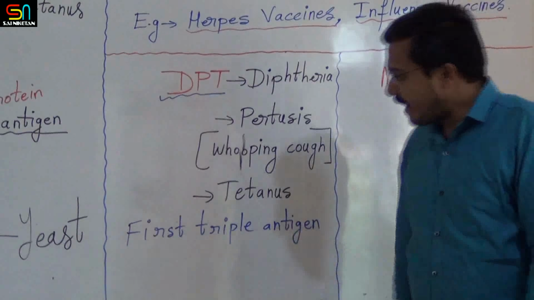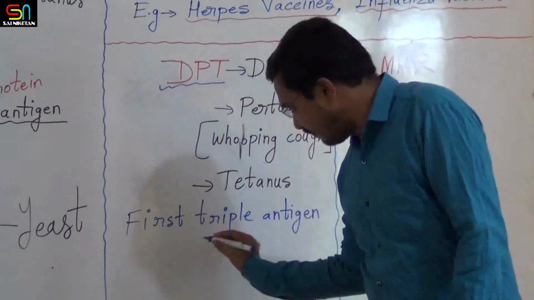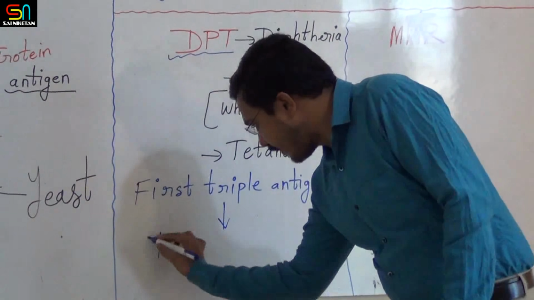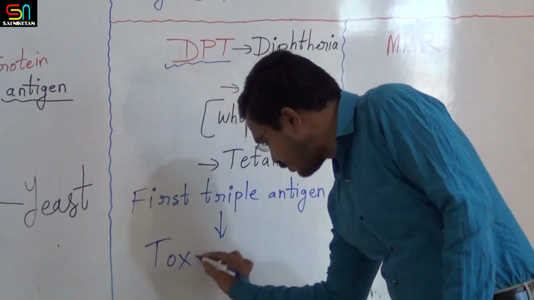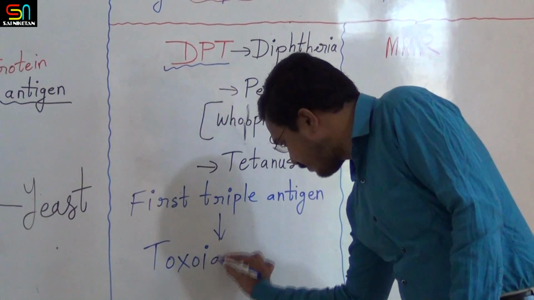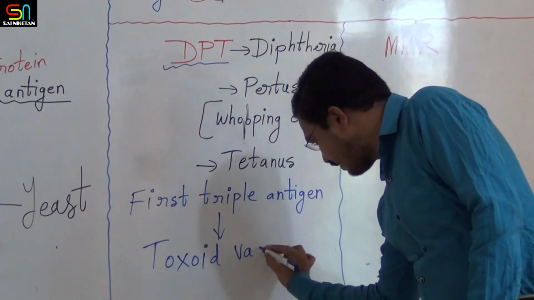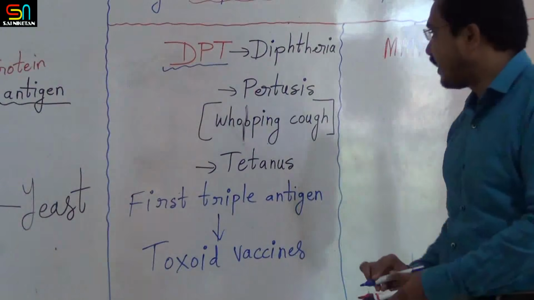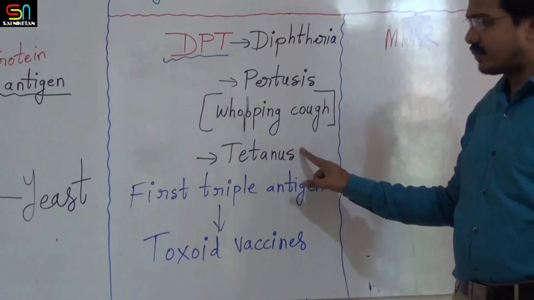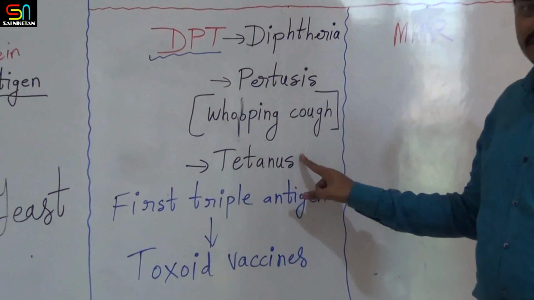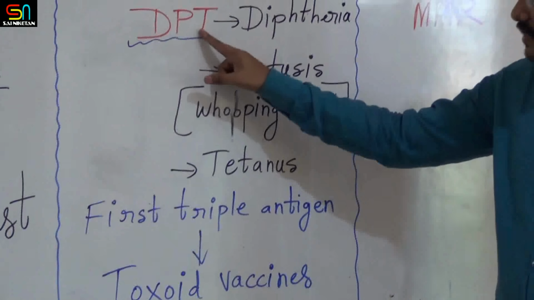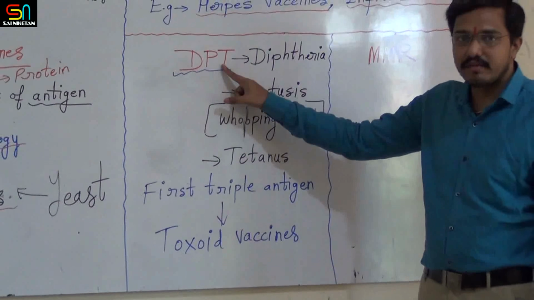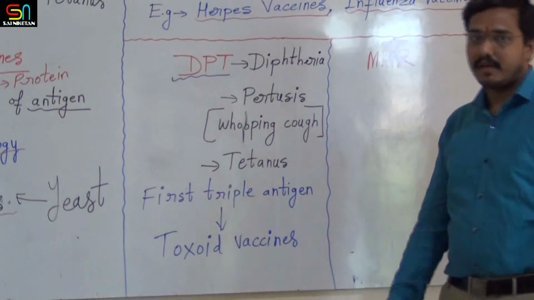This DPT vaccine is an example for toxoid vaccines. Actually, it is a first generation vaccine. This comes under toxoid vaccines because in DPT, diphtheria and tetanus, detoxified toxins are used. So DPT vaccine is an example for toxoid vaccines of the first generation vaccines.